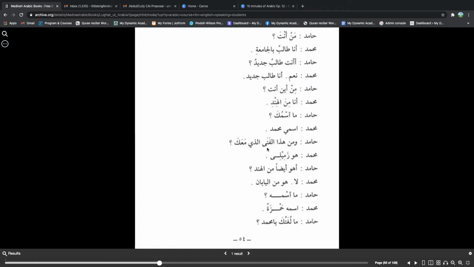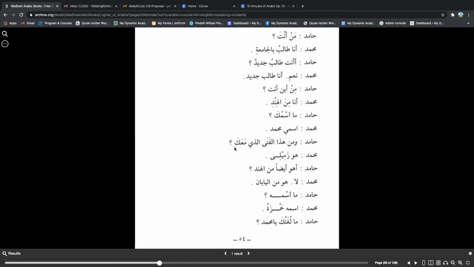Remember, الذي, when it refers to a human being, or someone with an aql, it could be referring to a jinn or human being, we translate it as who. If we're referring to something غير عاقل, like an inanimate object or a thing, or an animal, then we translate it as which. So من هذا الفتى الذي معك? Who is this young man?